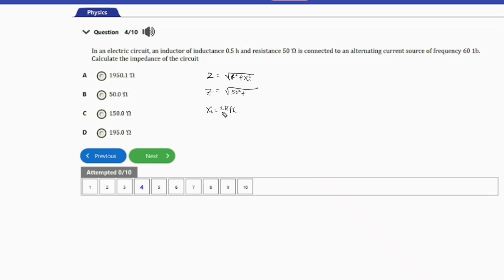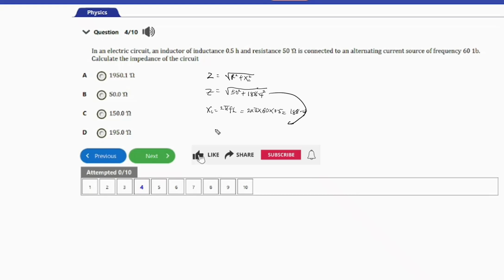So X sub L is equal to 2 pi FL. That's 2 times pi times the frequency, which is 60 Hz, times the inductance, which is 0.5. So guys, when we calculate this, we'll have 188.4. So in that case, Z is equal to the square root of 60 squared plus 188.4 squared.